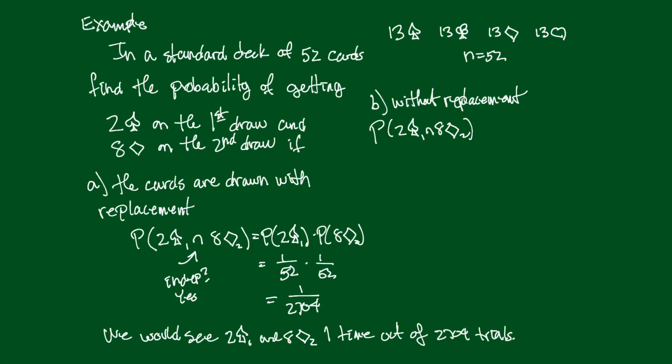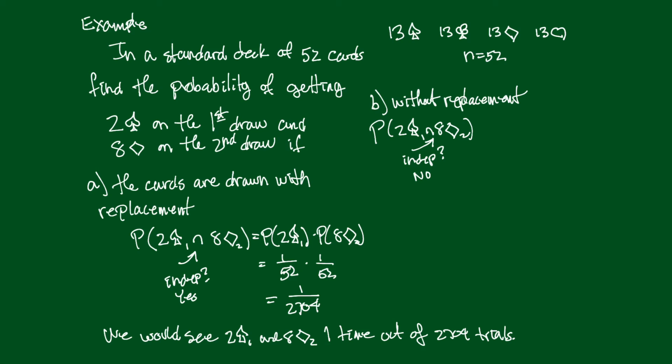So I still see this and sign. So I always ask that question. When I see that and sign, are these two events independent? And the answer here is no, because if you draw without replacement, you make that first draw and you leave that card out, you've changed the sample space. There's now only 51 cards left.